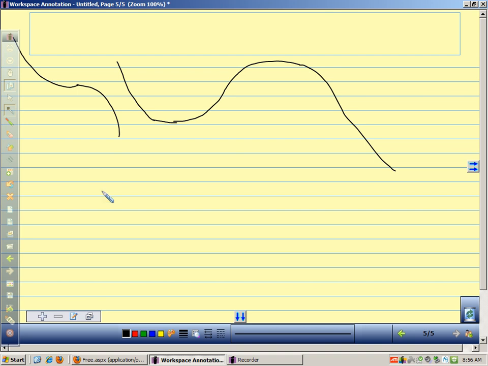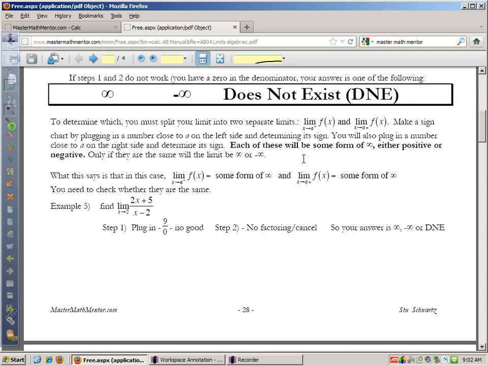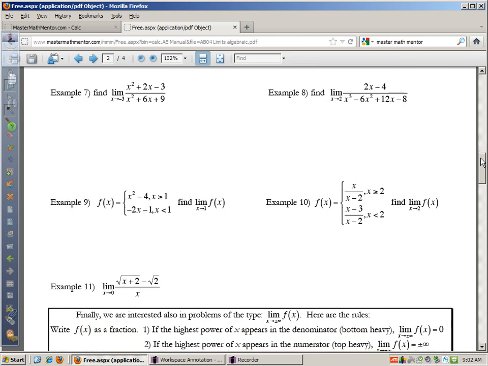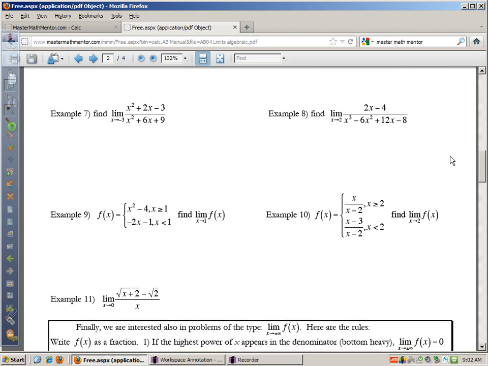All right, let's look at a couple more of these examples, and then we're going to move on to limits as x approaches infinity.